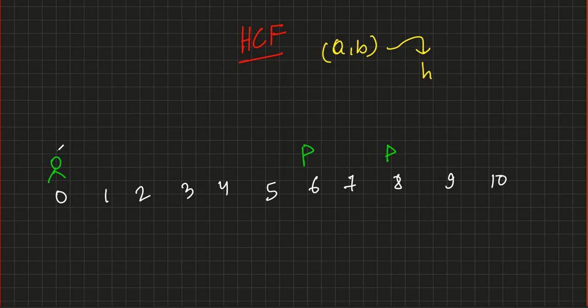Now I tell you that suppose you have the ability to jump only 3 steps at a time. Then what are the positions you can visit? If you have the ability to jump only 3 at a time, then you can be present at 3, 6, 9 and so on. But you can never reach 8.